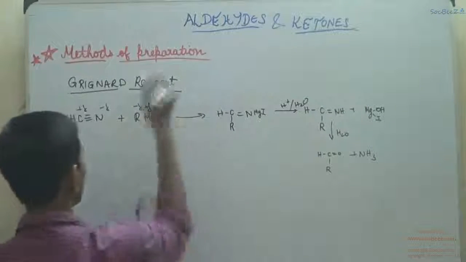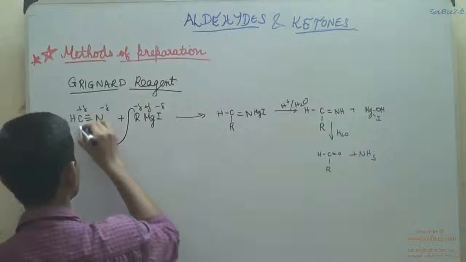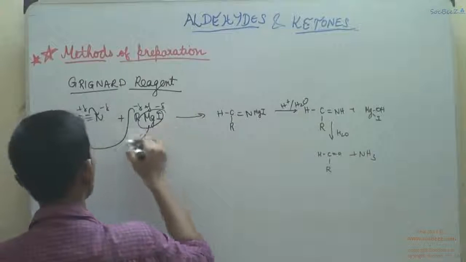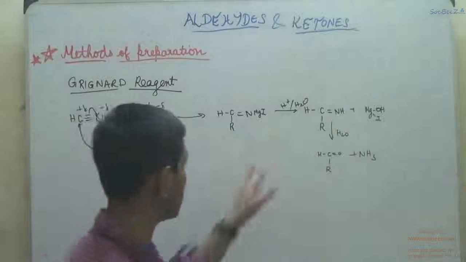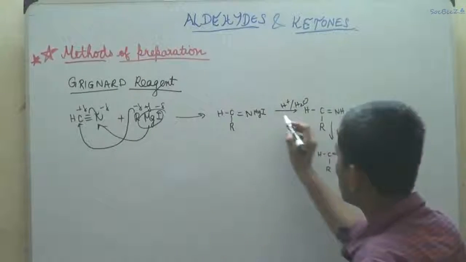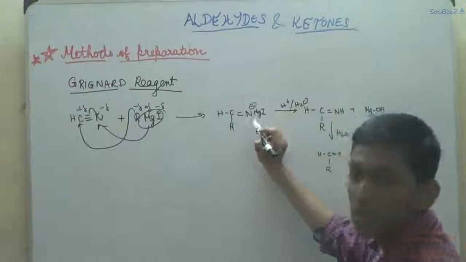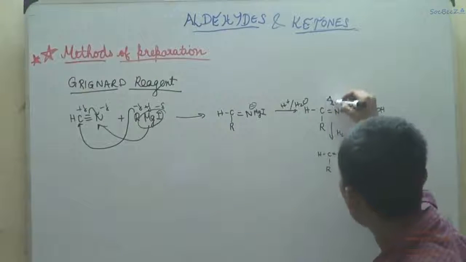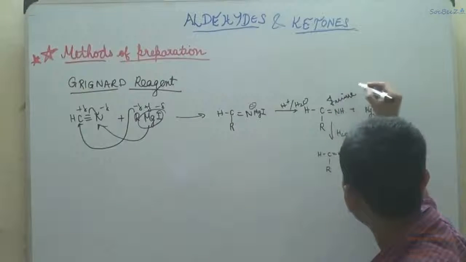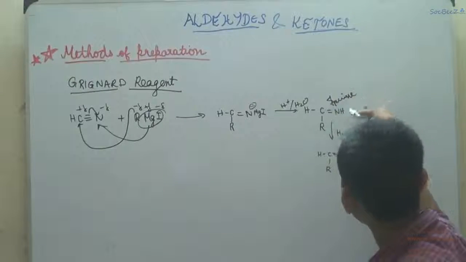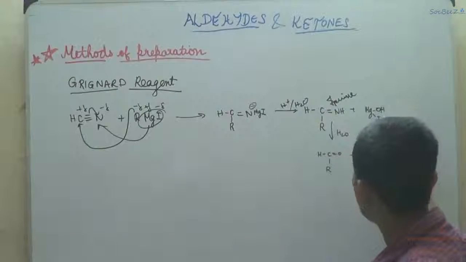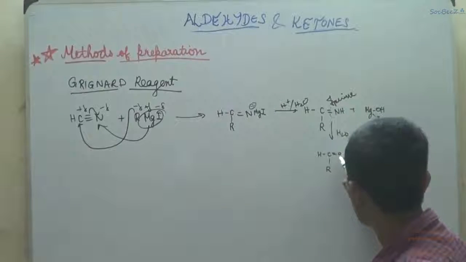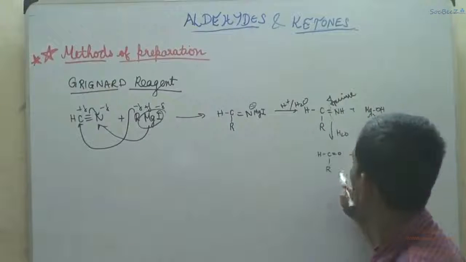Basically, this R goes and attacks, this negative charge goes here, this MgI goes and sits here. Now if you hydrolyze it, nitrogen having negative charge, hydrogen gets added to get this imine, and you get MgOHI. If you hydrolyze it, this gets split, giving C=O plus ammonia.